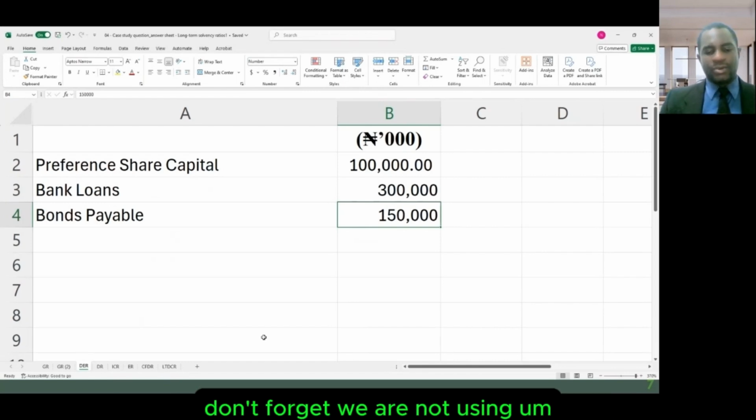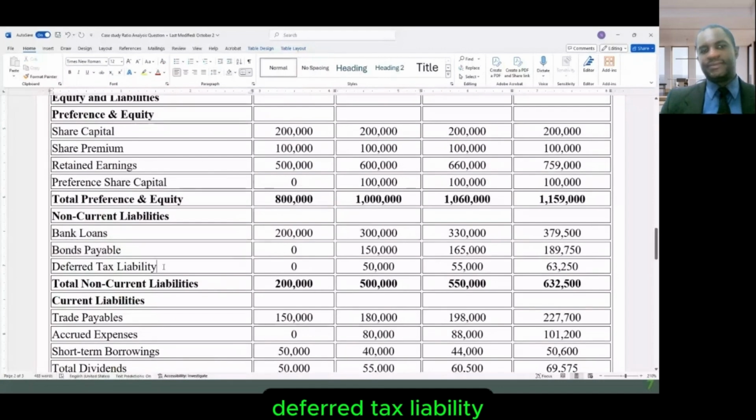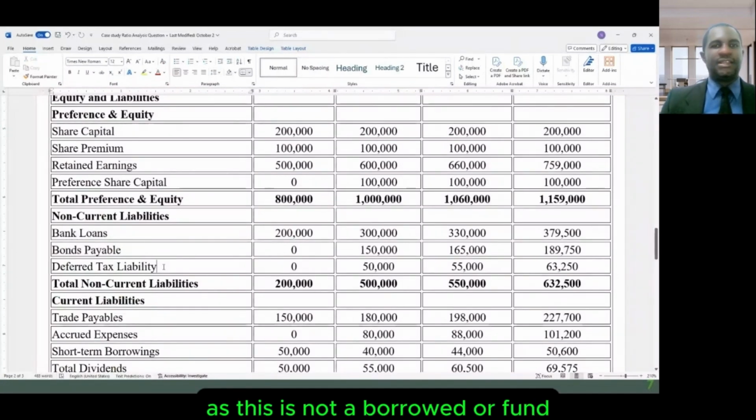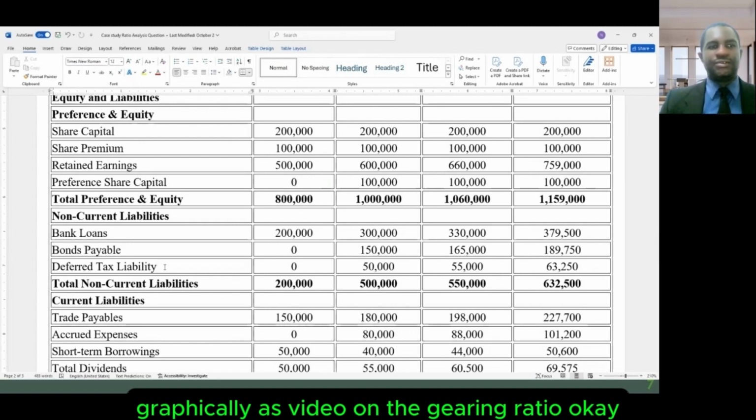Don't forget, we are not using deferred tax liability, as this is not a borrowed fund. Take note of that. We've explained that graphically in the last video on the gearing ratio.